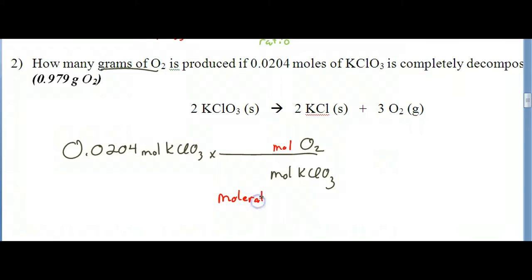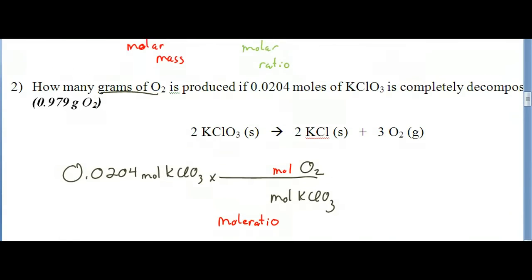I realized in number 1 we did the mole ratio second, but this is telling us we have to do it now. Extra line drag down the unit puts moles on the bottom, and I have to convert to moles of oxygen before I can convert to grams of oxygen. And again, the coefficients give me my mole ratio, 3 and 2.